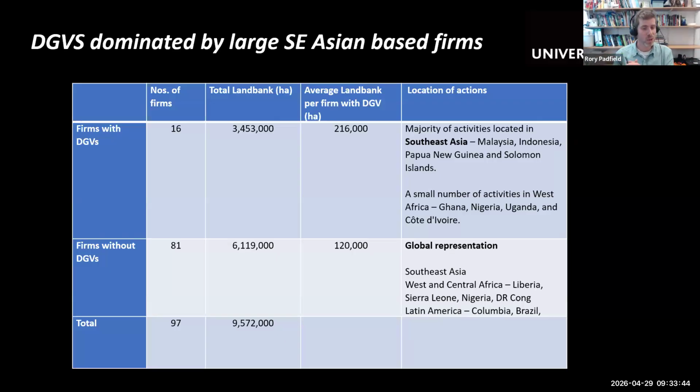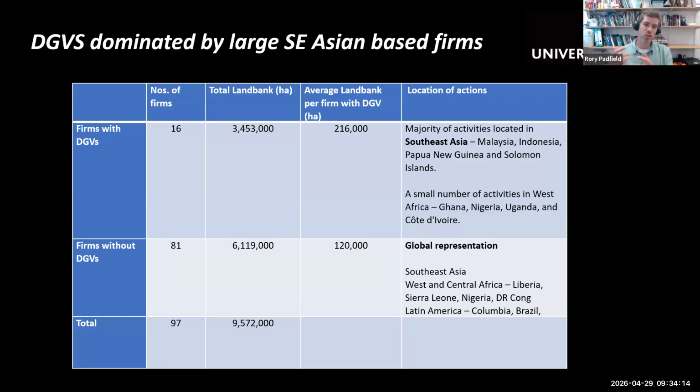And in terms of their locations, those firms that were large enough, or the big ones that invested, most of them were located in Southeast Asia. They had smaller operations in these other frontier areas, whereas these other firms that didn't invest, they did have some representation in Southeast Asia, but they tended to also have representation in other parts of the world, including, of course, Central and West Africa and Latin America.